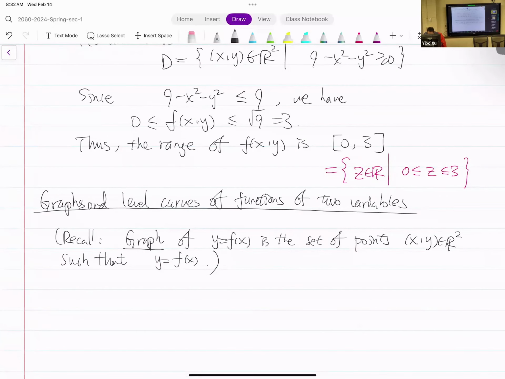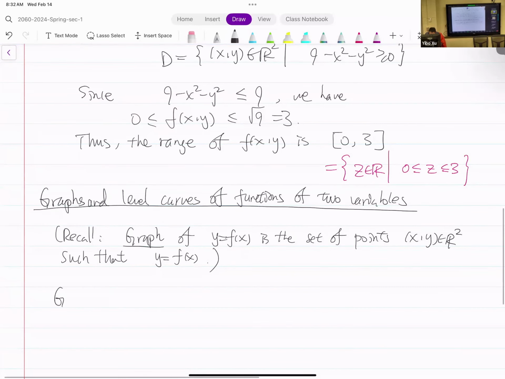So now, if we want to do the extension, then basically we're just introducing a little more variables. For the graph of the bivariate function, if we denote z as the output, this is going to be z equals f of xy. So you see, the function has two variables x and y, but then we need one more variable z to represent this relationship. Okay?